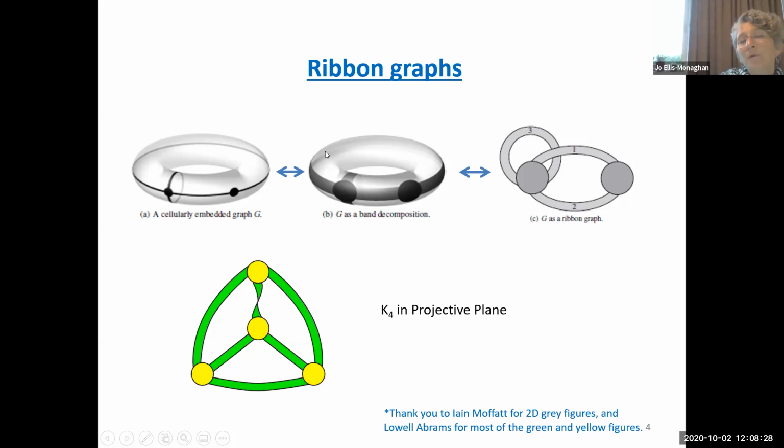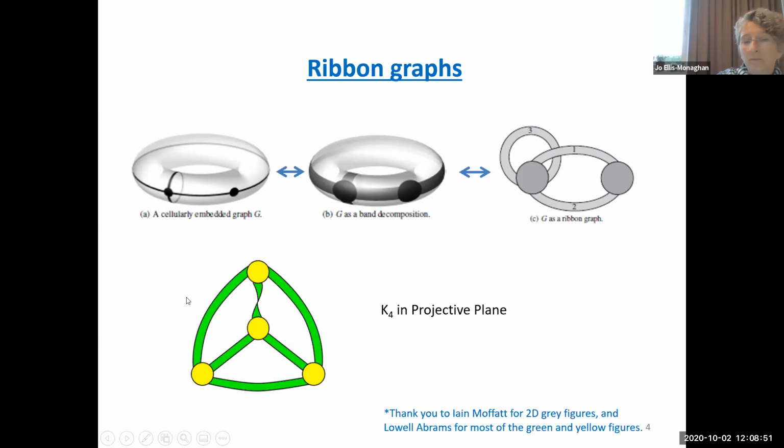If you remove the face regions from the band decomposition so that you're just left with these disks with edge ribbons between them, you get a representation of a cellularly embedded graph called a ribbon graph. So this is a ribbon graph here.